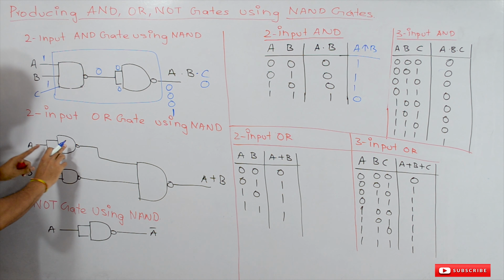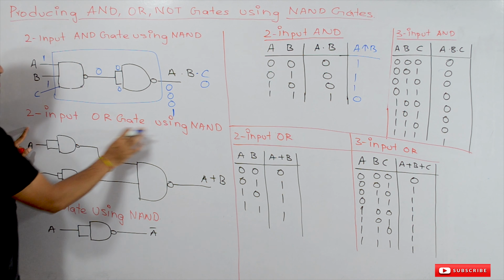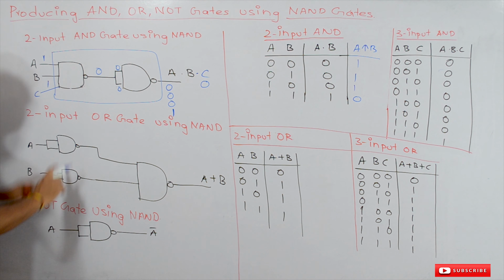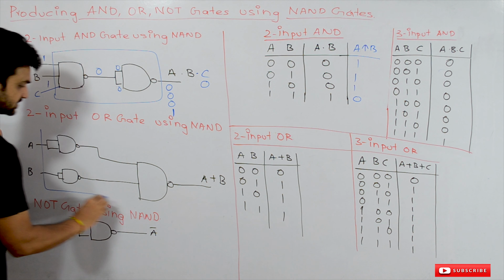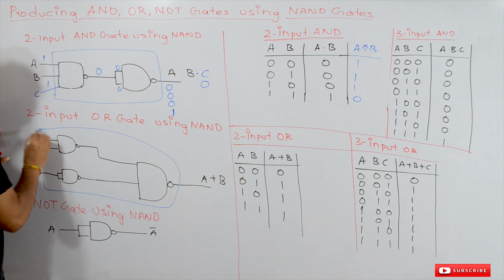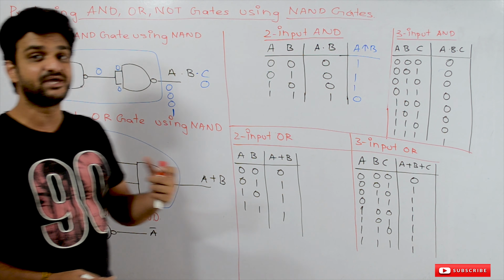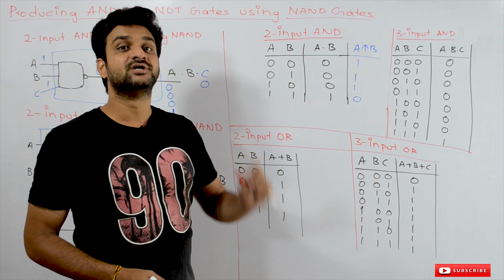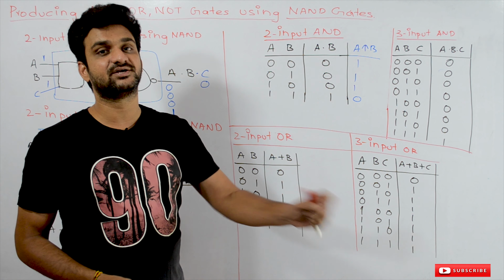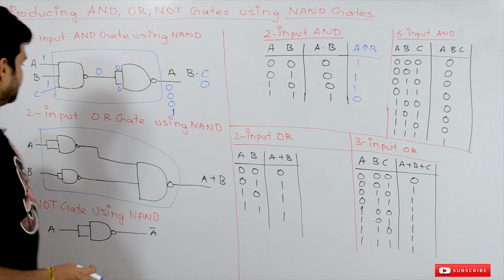Similarly, this is the circuit for a 2-input OR gate using NAND gates. This OR gate is created by using NAND gates, so it will act the same as a 2-input OR gate.